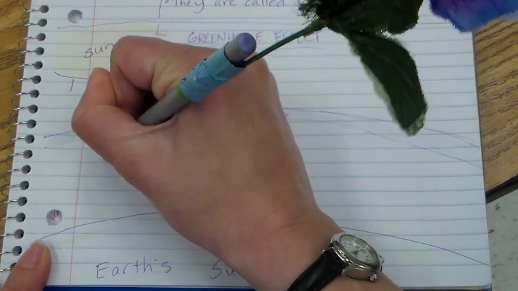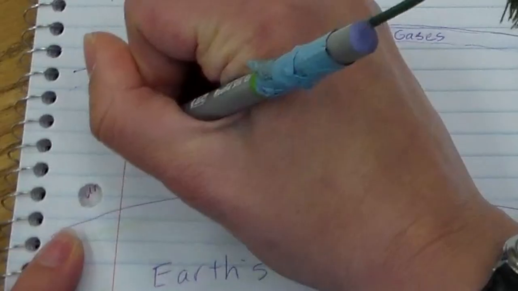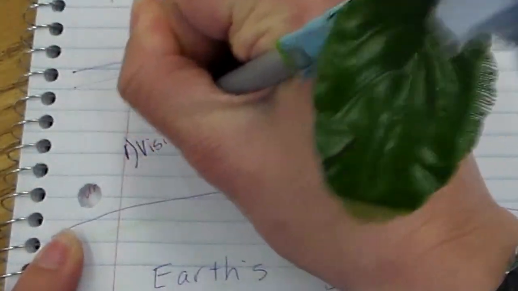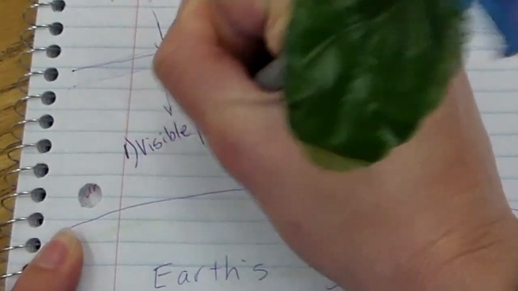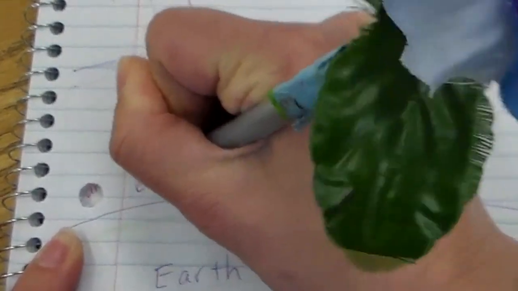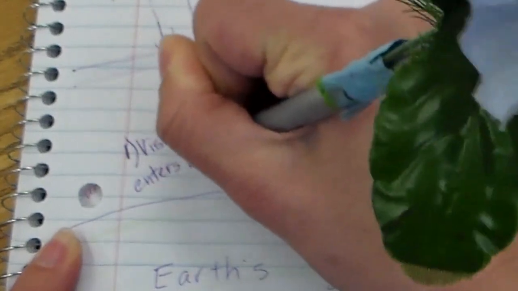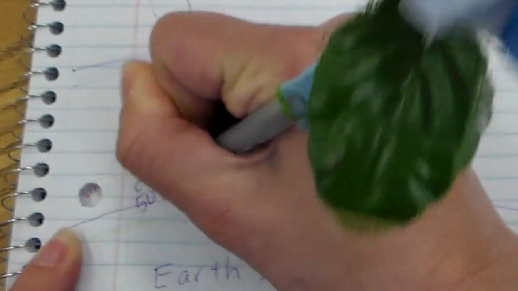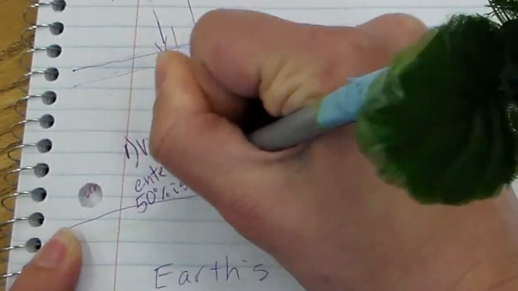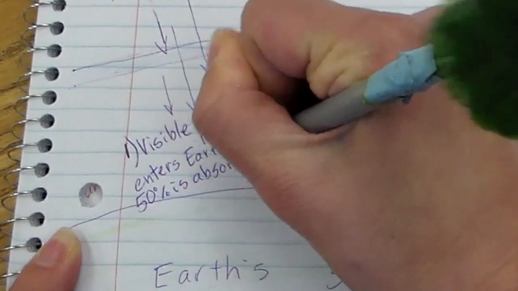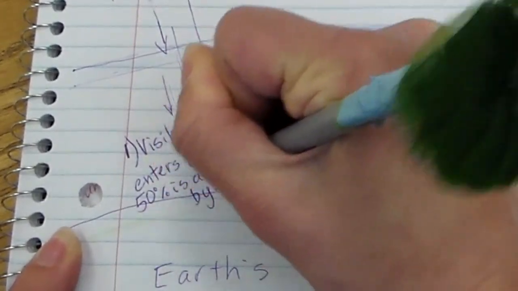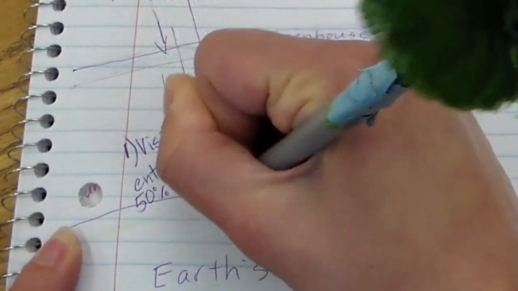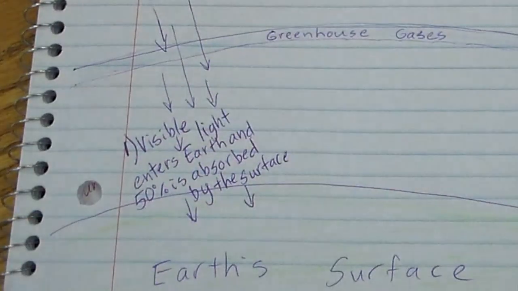Let me draw my arrows here, and I'm going to write, this is step number 1: visible light enters Earth and 50% is absorbed by the surface. So our visible light comes in and strikes the surface.